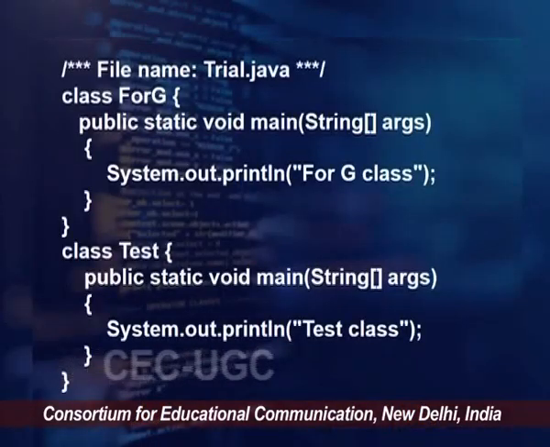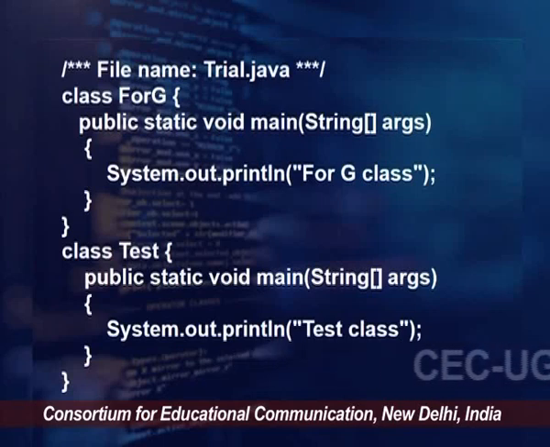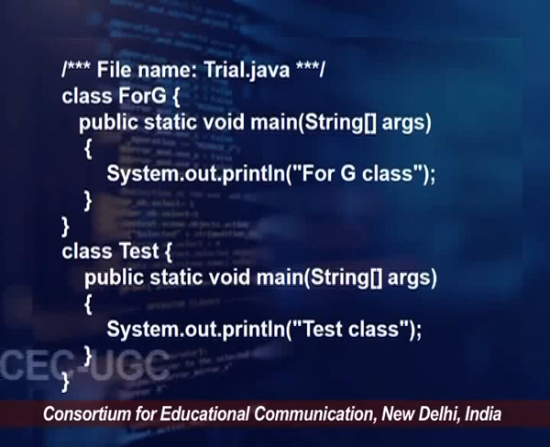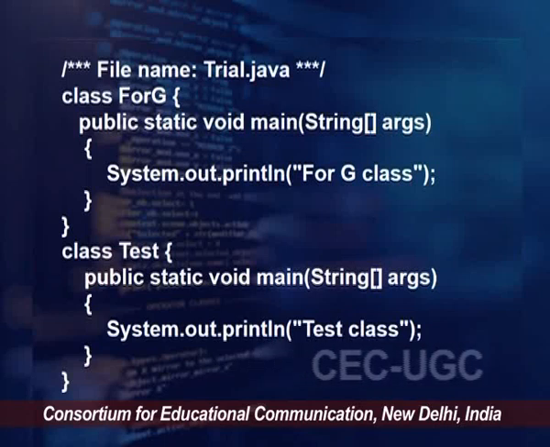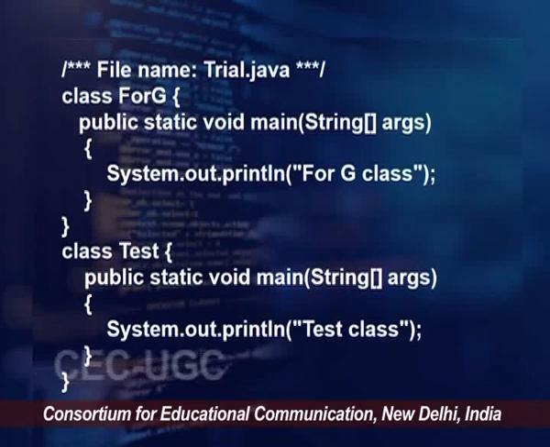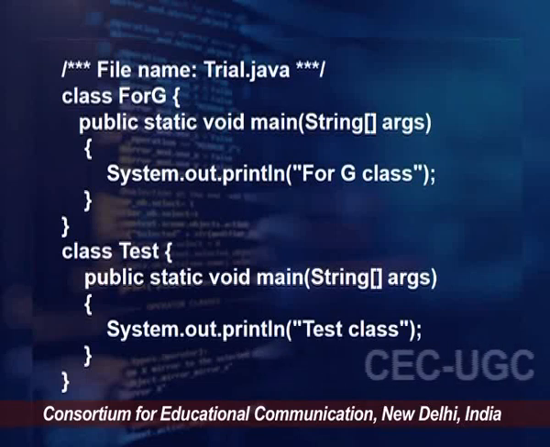As shown on the screen, let's say I keep my file name as trial.java, and I have one particular class, let's say for G, which has one public static void main string args, and then it prints something, let's say for G class, through system.out.println.